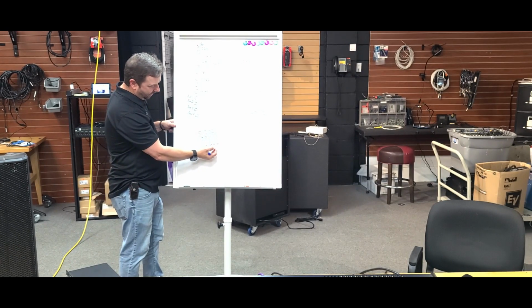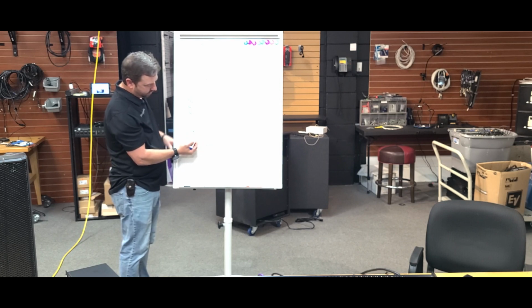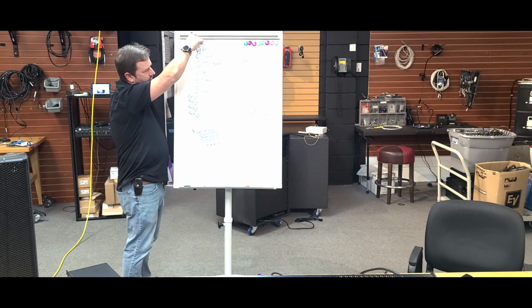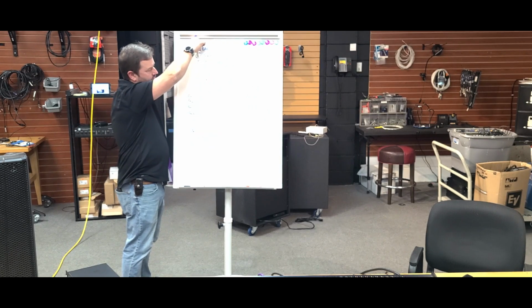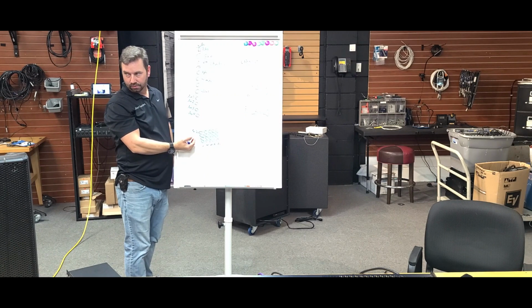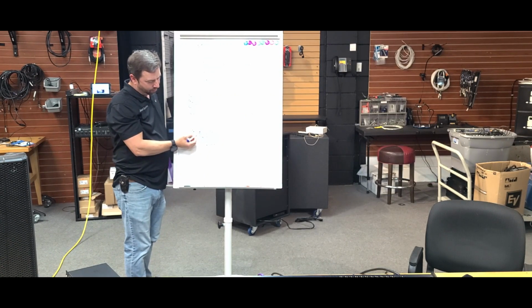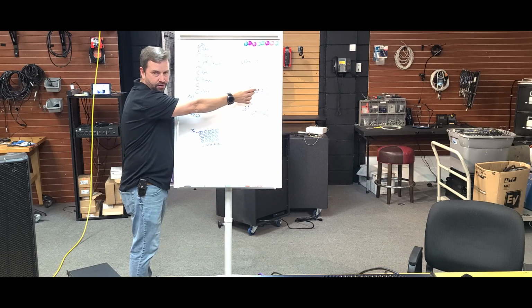So if I have something plugged into aux 1 here, let's say a microphone plugged into the input on channel 1, and I want to send it out of aux 1, I need to turn it up right here, and that would route it out to this speaker that's over here.